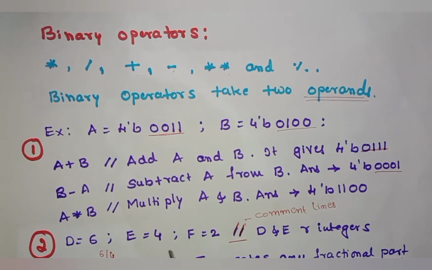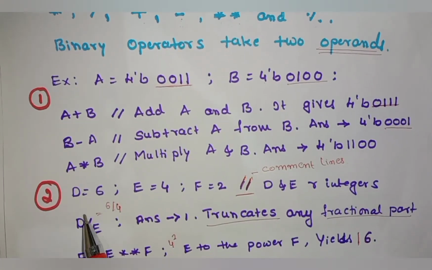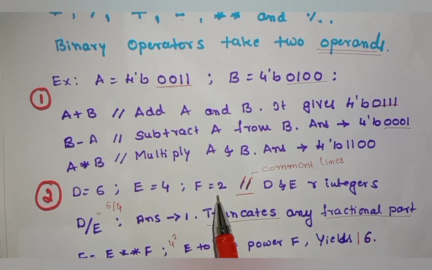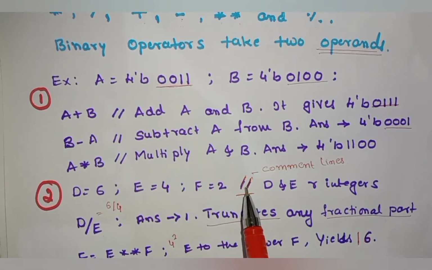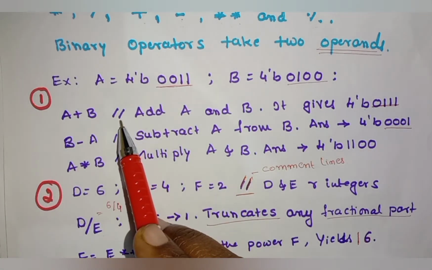Let us move to understand the next arithmetic concept. For this, I have taken d equal to 6, e equal to 4 and f equal to 2. Another point to remember: here I have used the two forward slashes.